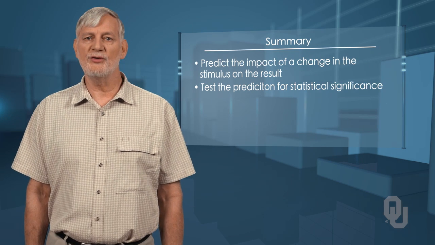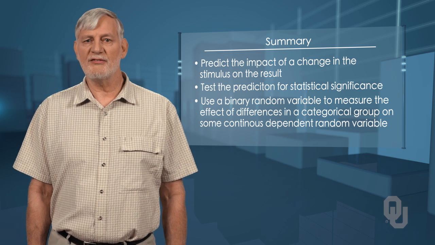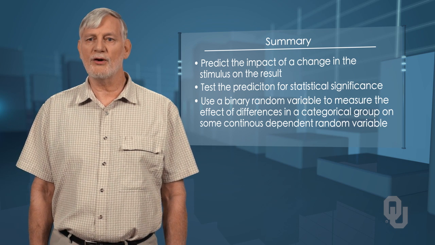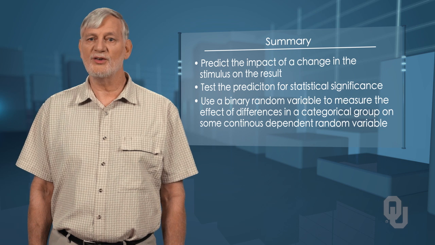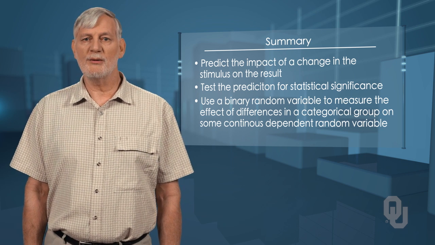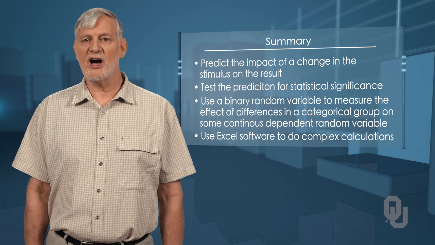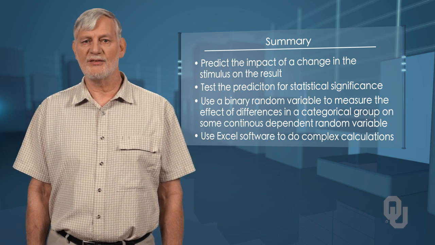And you should be able to use a binary random variable, the dummy variable, to measure the effect of differences in a categorical group on some continuous dependent random variable. Finally, you should be able by now to use the Excel software to do these complex and tedious calculations.